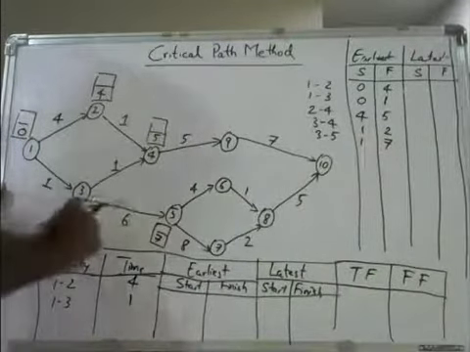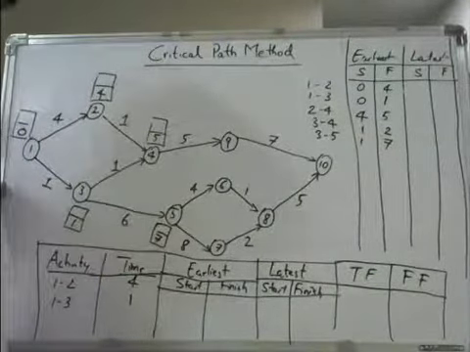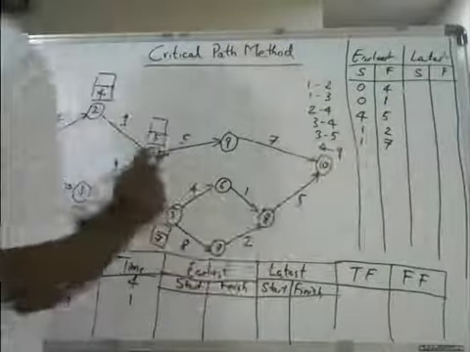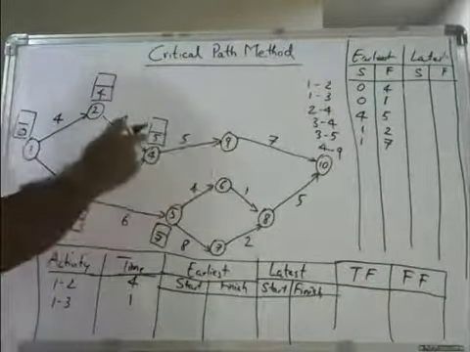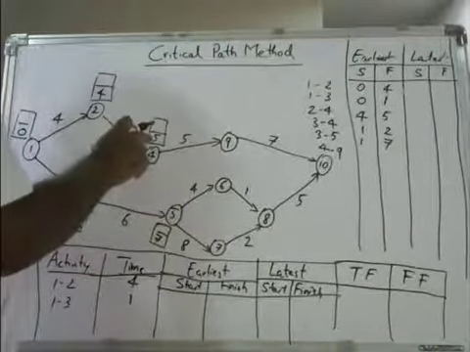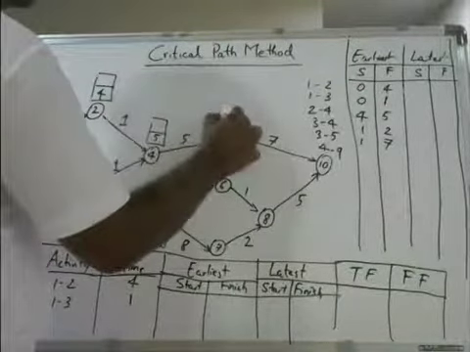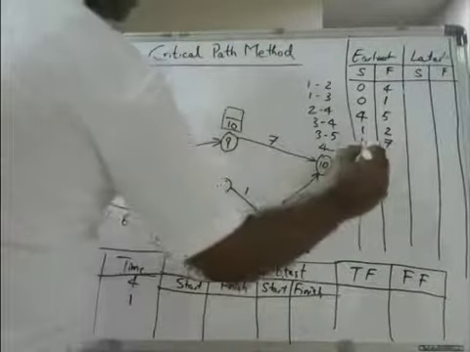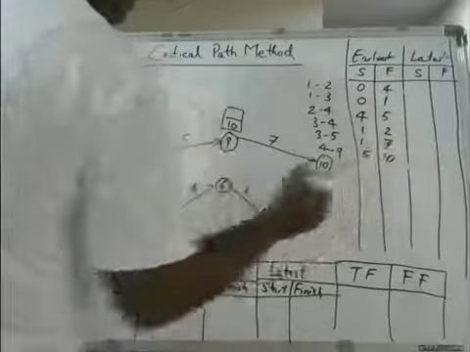Okay. Now the next one is 4 to 9. That starts with 5. 5 plus 5 is equal to 10. Starts with 5, ends with 10.